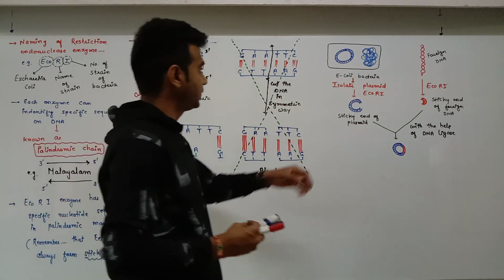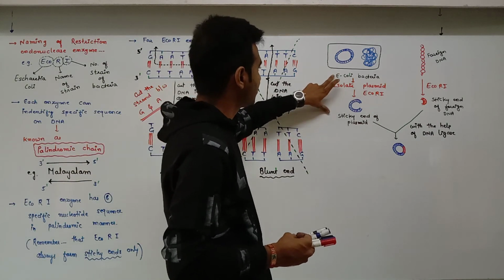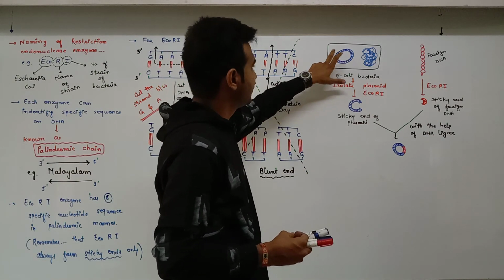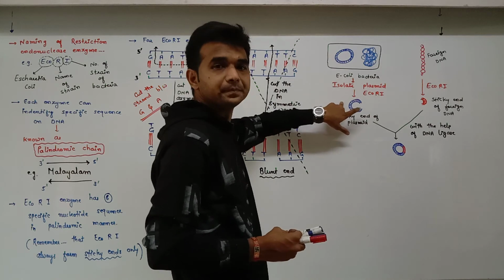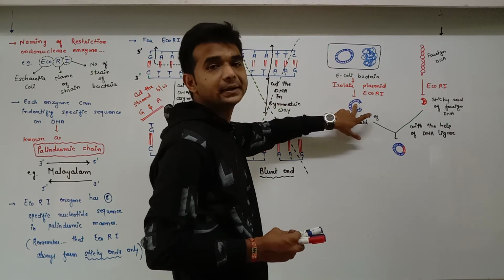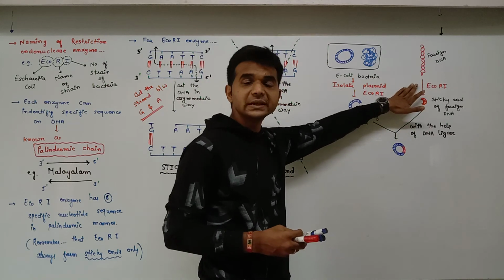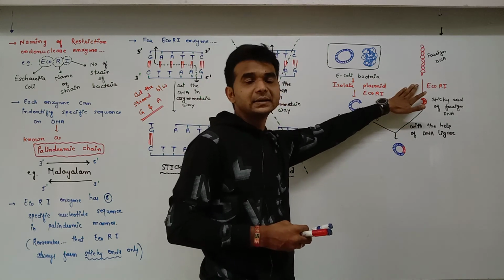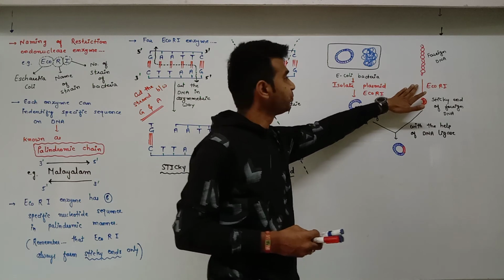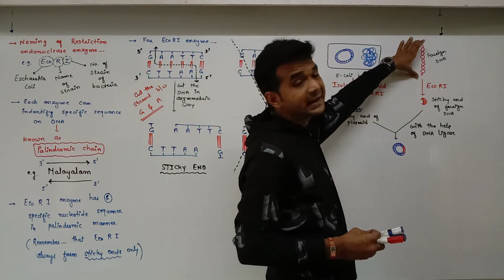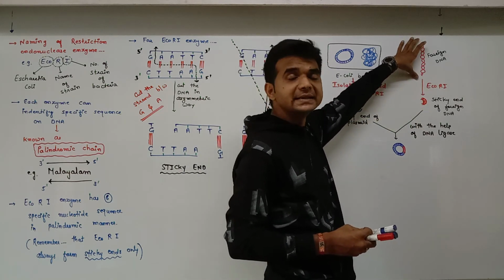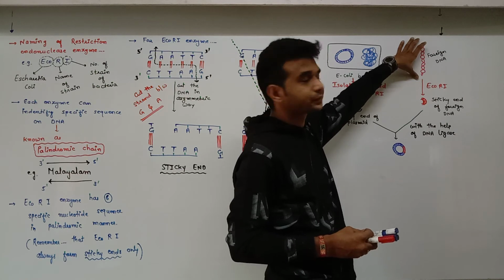Fine. First of all, from E. coli bacteria, you isolate the plasmid and form the sticky end with the help of EcoR1. See here, on both sides we use the same enzyme. Here, this is the foreign DNA which consists of the desirable character.